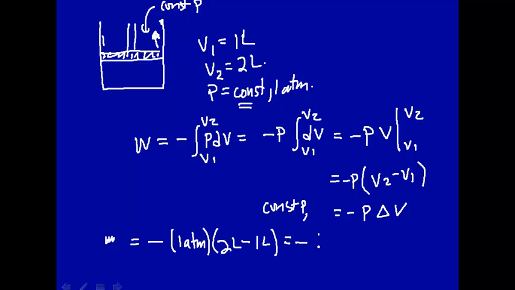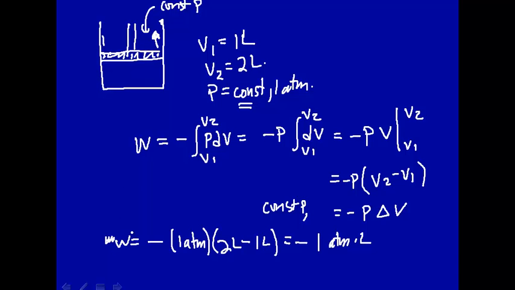So this is minus 1 in units of atmosphere liter. And again, it's a minus sign just as we expected, because the gas is expanding, doing work on the surroundings. It's losing energy, so delta E work should be negative.